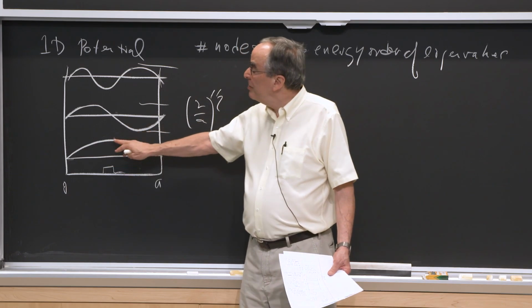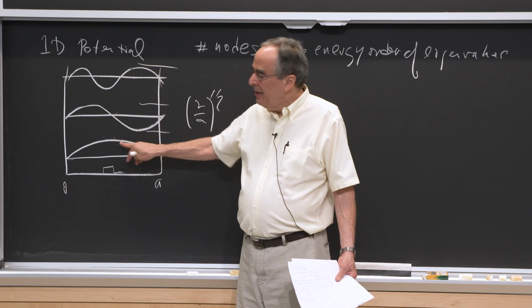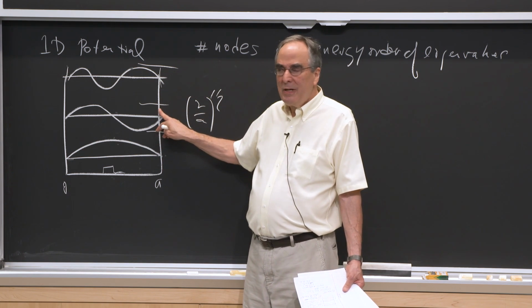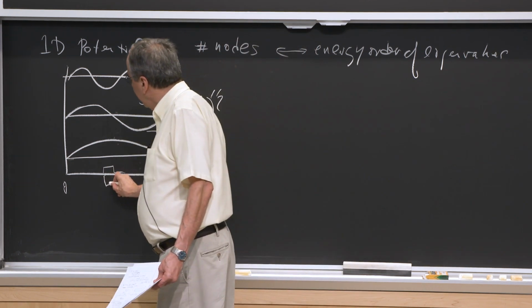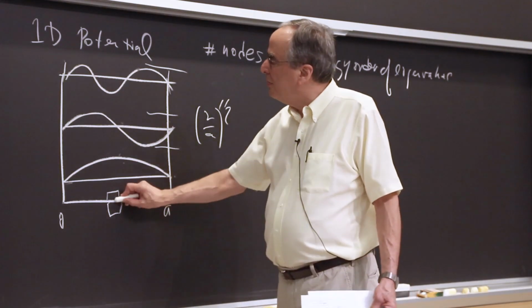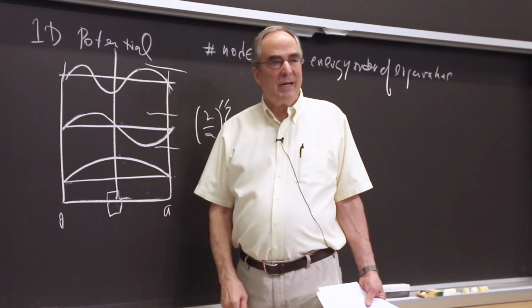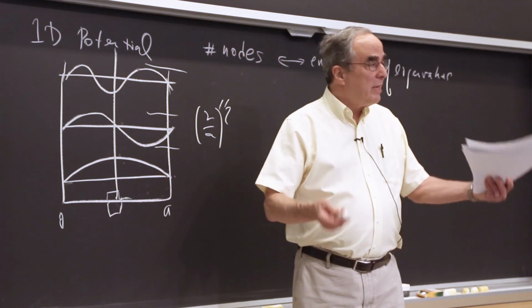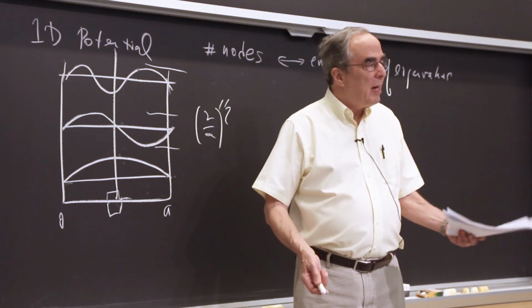I mean, if it's oscillating more slowly here, it has to make it to an integer number of half wavelengths, and so that means it pushes it up. And if you do this, it'll push it down. And you can do terrible things. You can put a delta function there, and now you know everything qualitatively that can happen in a 1D box.